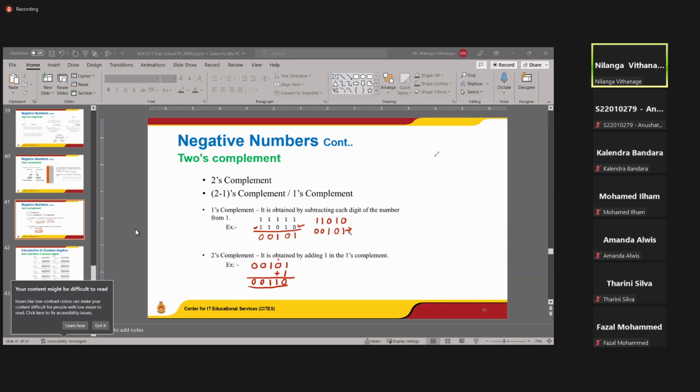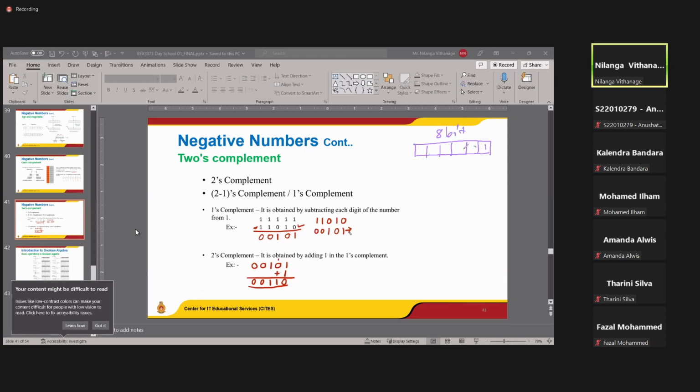As I mentioned, a register means it's a memory unit, and let's say you take an 8-bit register. The computer sees only ones and zeros.